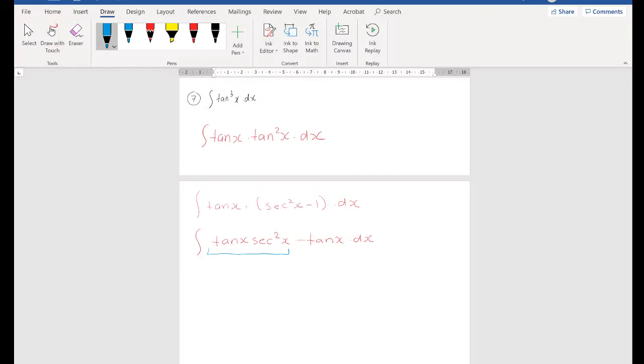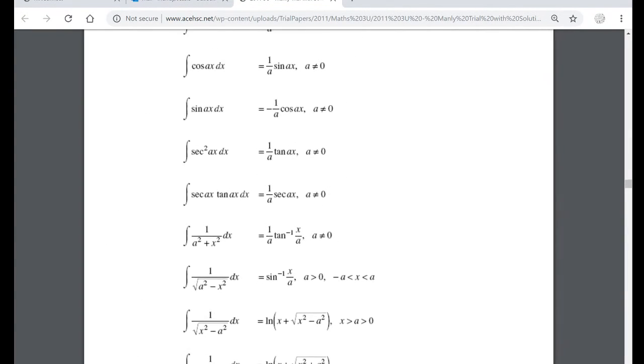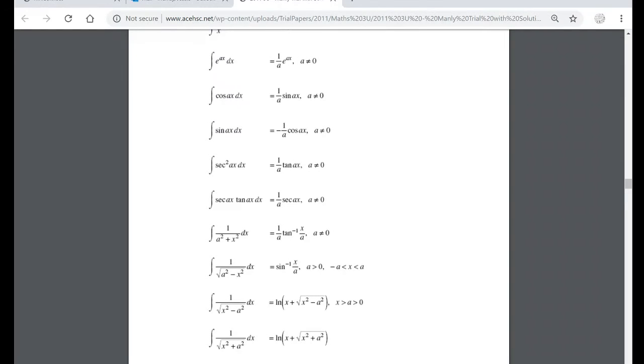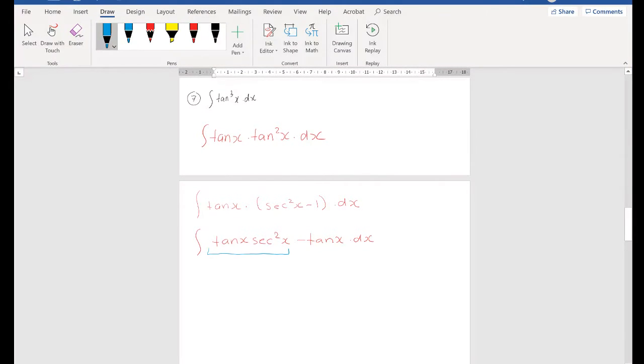I can differentiate tan, but can I differentiate sec squared? Let's look at this. No. If I'm looking at the right hand side to get back to that, I can't differentiate sec squared. So there's my answer. Sec squared needs to be something that I need to integrate, so I'll call that v dash. And tan is u.